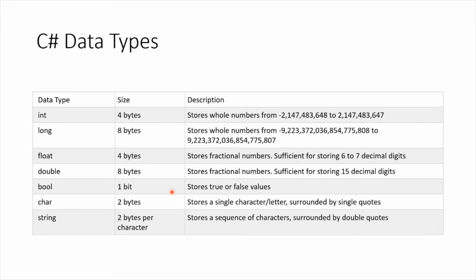Now the data types, C# data types. For variables we need the type, right? The data types are int, long, float, double, bool, character, string. These are the different data types. You can also have custom data types.